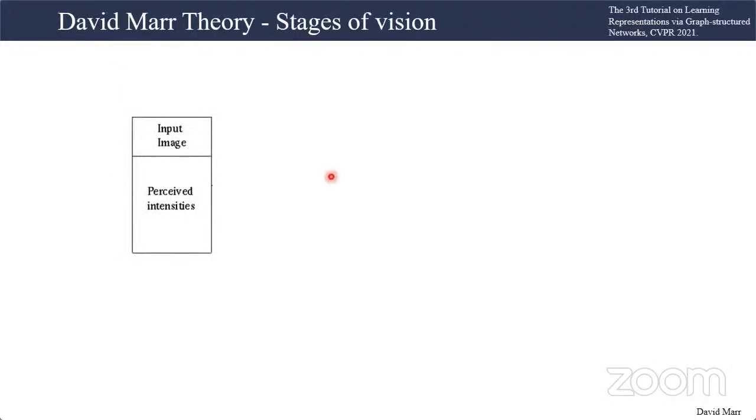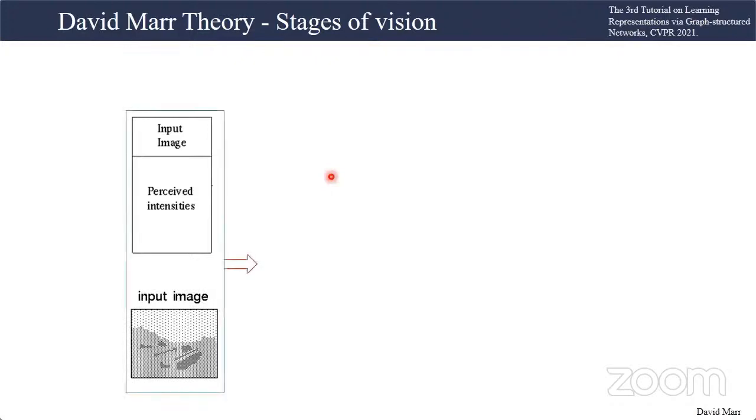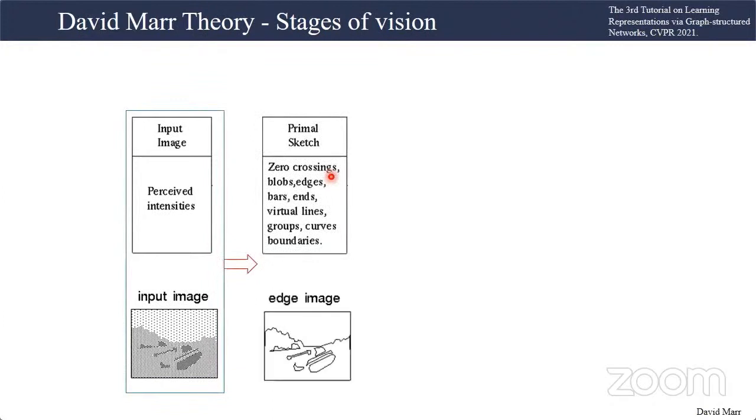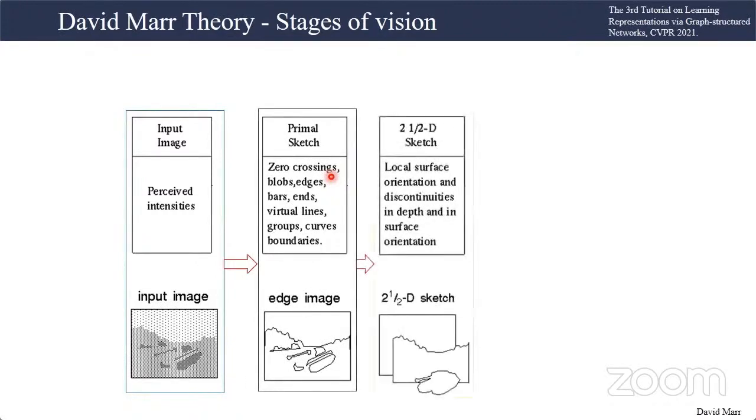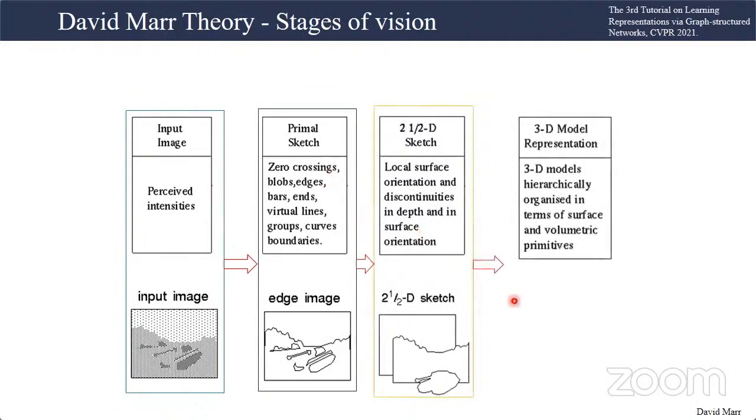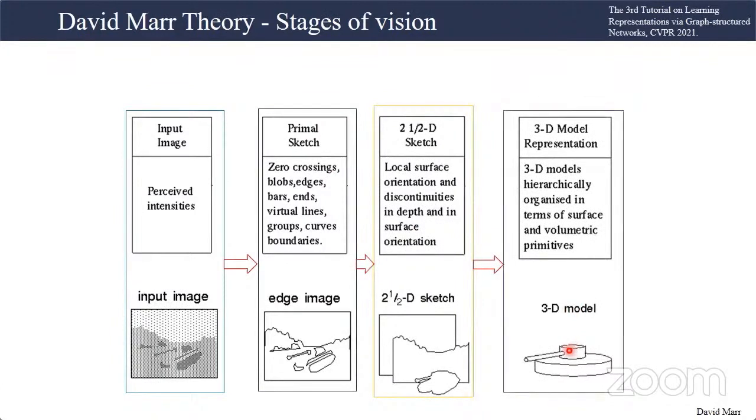In David Marr's theory, Marr laid out a foundation for visual inference by performing a sequence of steps from low level, middle level to high level process. Given an input image, an edge map is first extracted. And then a 2.5D sketch map is extracted, which is further grouped into 3D model representation for object detection and reconstruction.